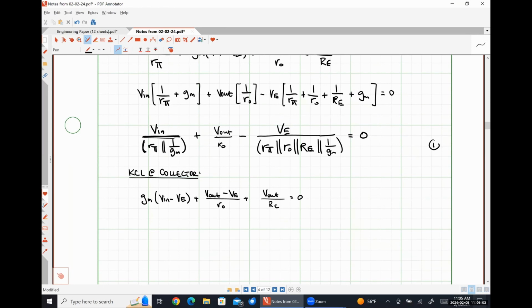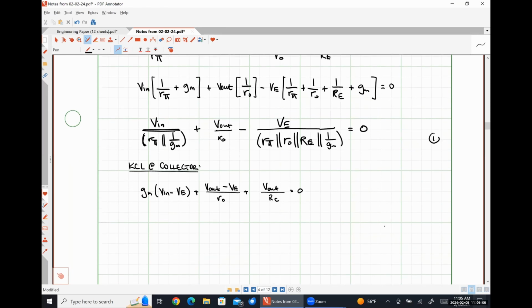So first thing I can see is that I have a factor of Vin just multiplied by my transconductance gm. Then I have Vout being multiplied by a factor of 1 over r naught plus 1 over RC. Excuse me, that's 1 over RC.